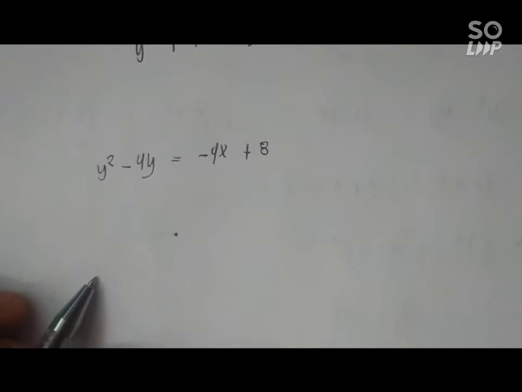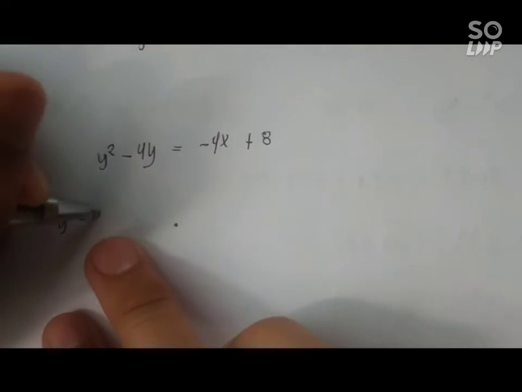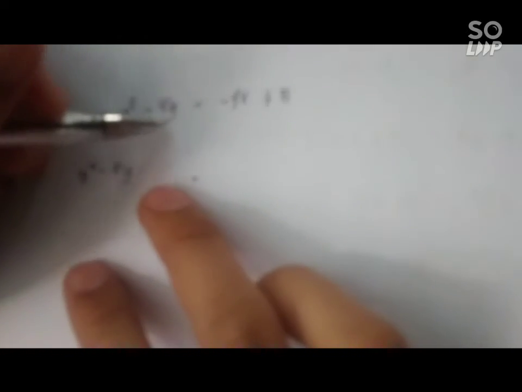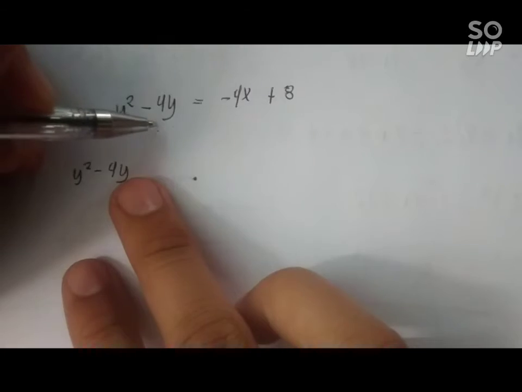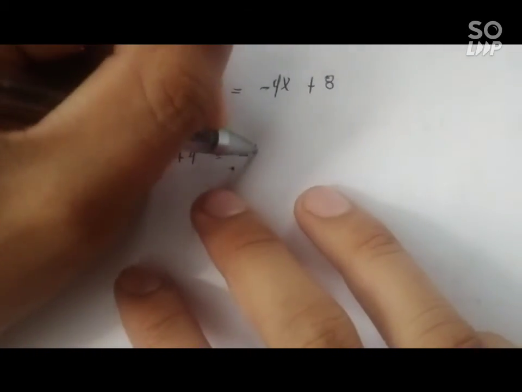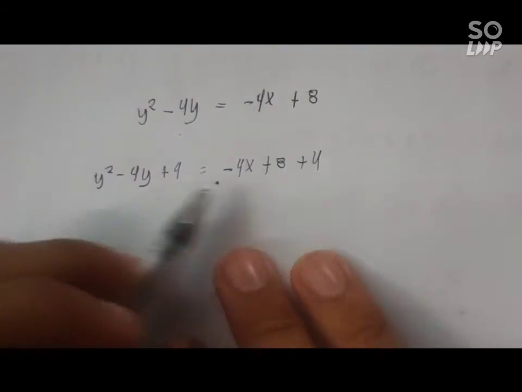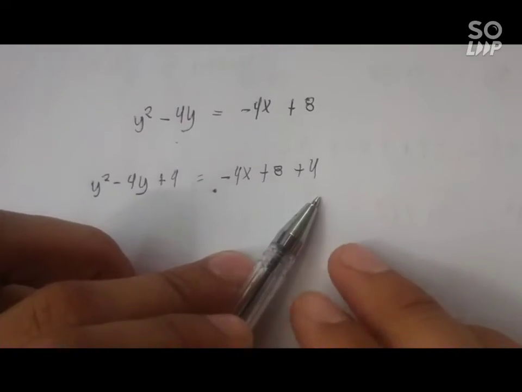Next, we complete the square. For y squared minus 4y, 4 divided by 2 is 2, squared is 4, so plus 4 equals negative 4x plus 8 plus 4. Whatever we add on one side, we also add on the other side when completing the square.